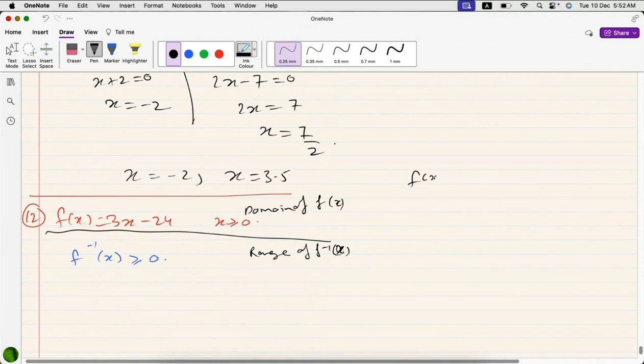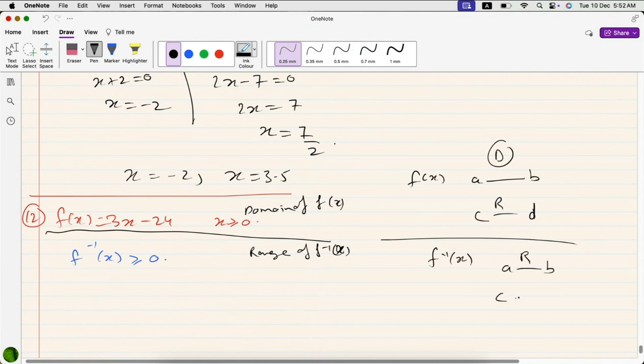If I say a to b is the domain and c to d is the range for f of x, then in f inverse x, a to b will be the range and c to d will be the domain. They interchange. The domain was already given, now that is the range.